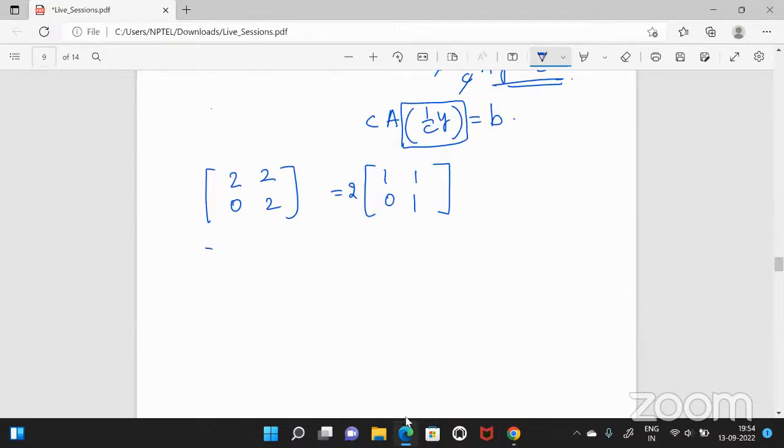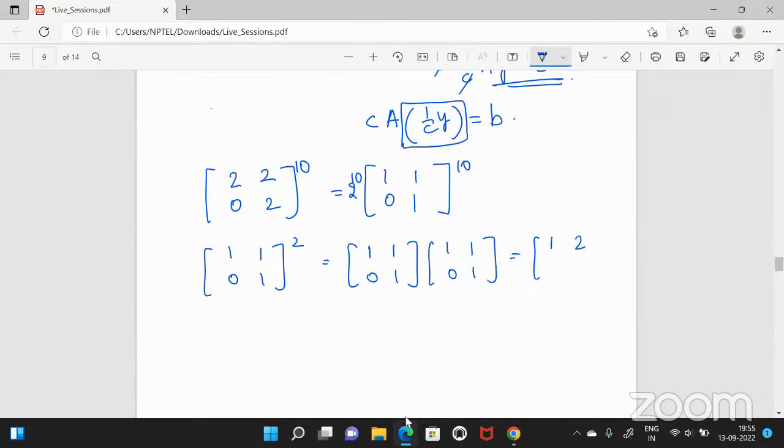Yes. Now let's compute. So the power 10 will be 2 to the power 10 into the 10th power of this matrix, right? Okay. So 1101. What is the square of this matrix? The square comes out to be 2 to the power 2, 1021. Yeah, 1201.